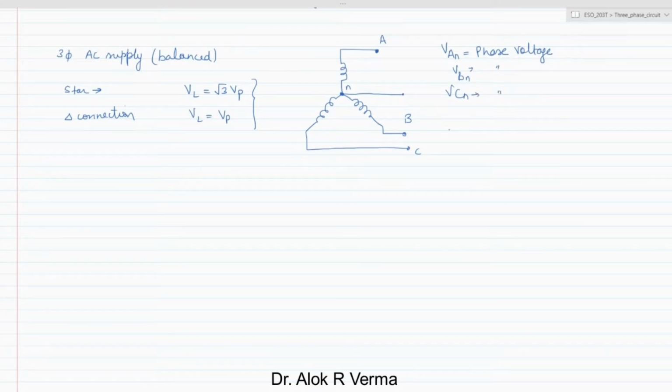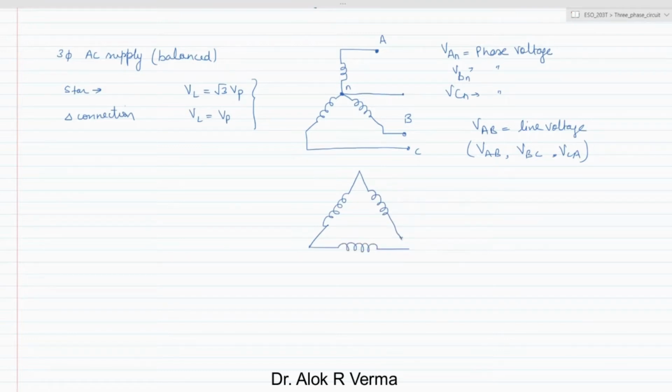When we talk about the line voltages, then we have the line A and the B. So VAB is nothing but the line voltage. Okay, so VAB, VBC and VCA, these are the line voltages. But when we talk about the delta, then we have this kind of connection.